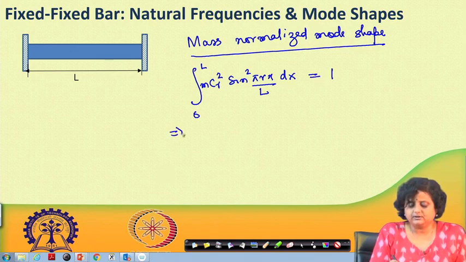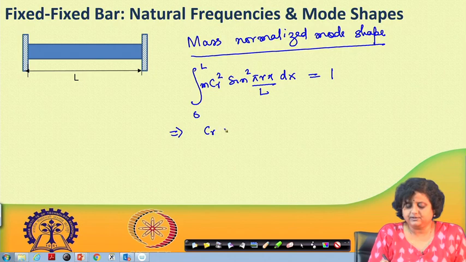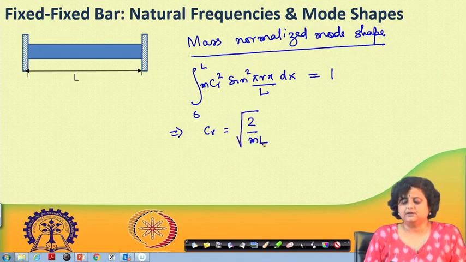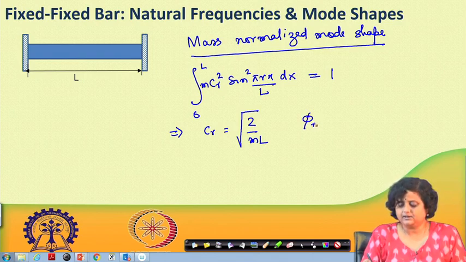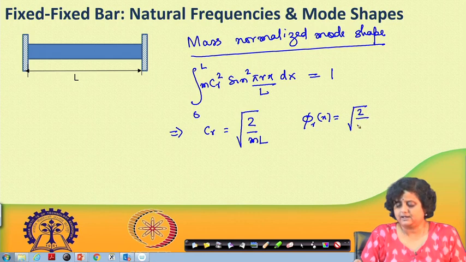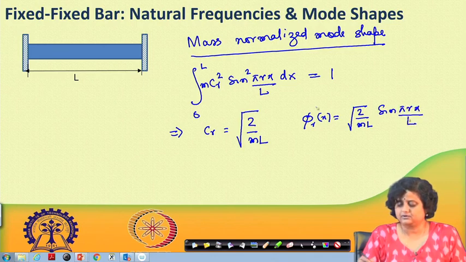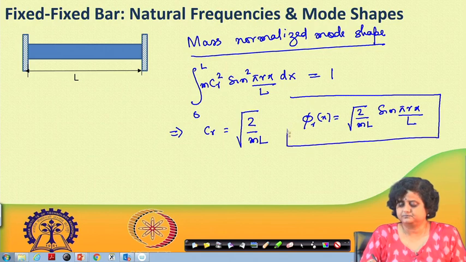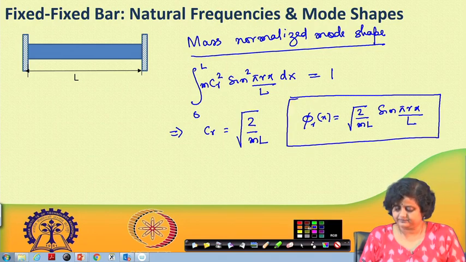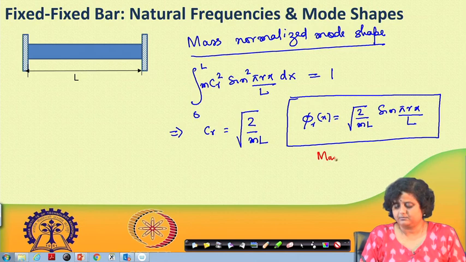This integral is going to become 1 if C r is root over 2 by m L. Therefore, my mass normalized mode shape is root over 2 by m L into sine pi r x by L. So, this is the mass normalized mode shape.